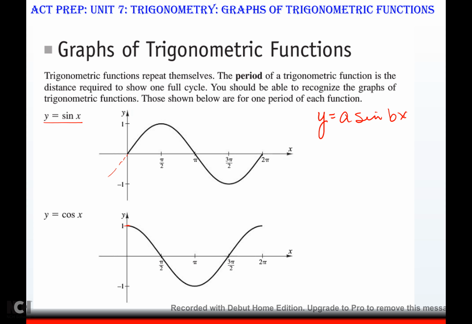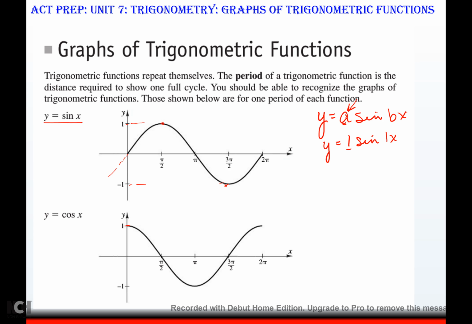For the mother function of all sines, a is 1 and b is 1, which means this is your amplitude. So see how the sine only goes as high as 1 and as low as -1. The sine function oscillates between +1 and -1 unless you change that value of a.